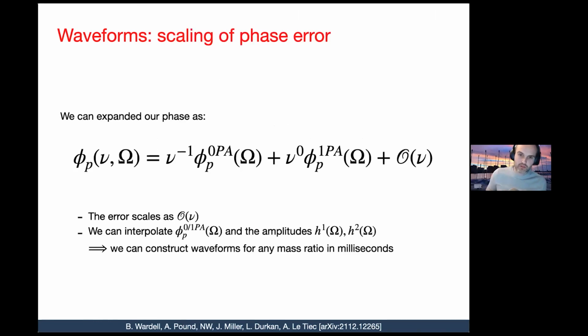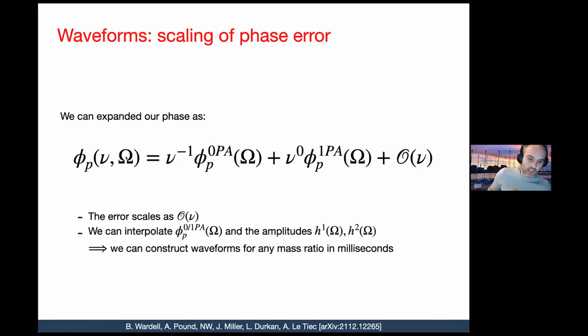Again, I just want to remind you, before we look at the results, about the scaling of the phase and why this perhaps works so well. Once you have these first two leading terms, one goes as order nu to the -1 and then order nu to the 0, the residual scales as order nu. So if you have a mass ratio of 10 to 1, then nu is about 0.1. And so you expect a small residual, depending again on an unknown coefficient here, but it turns out that's not too big.